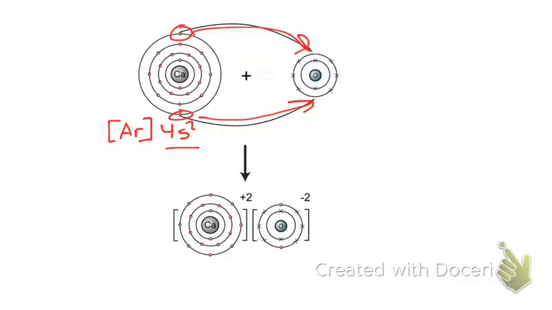Now, if you look at oxygen, it has basically helium, and then it has 2s2 and 2p4. In order for oxygen to get a full valence shell, it's got to pick up 2 more electrons, because it has 4 valence electrons in the 2p orbital and 2 electrons in the 2s.